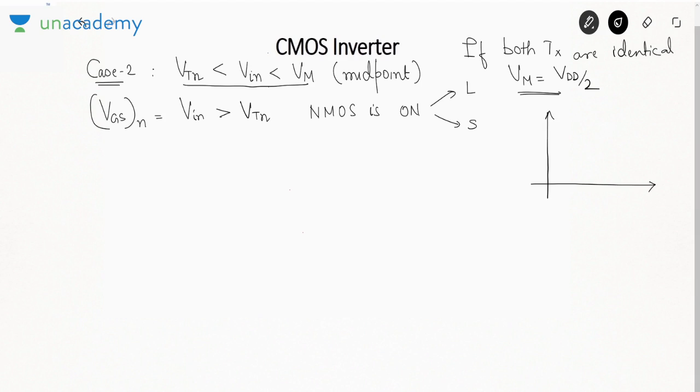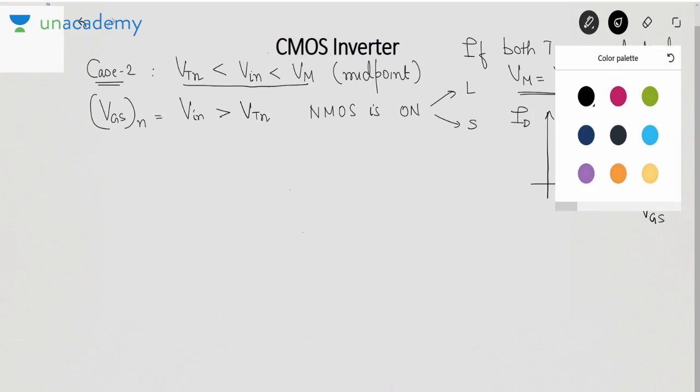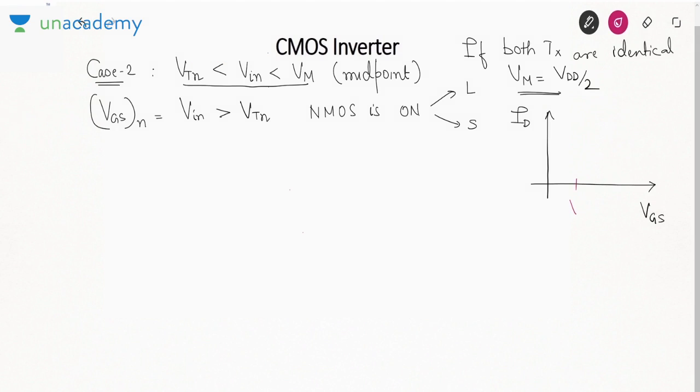Now if we talk about the transfer characteristics of NMOS, the transfer characteristic is nothing but a curve between ID and VGS. This curve is something like this. It is a parabolic curve. After VTN, I have increased the voltage above VTN, so you can say that our operating point will be somewhere here.